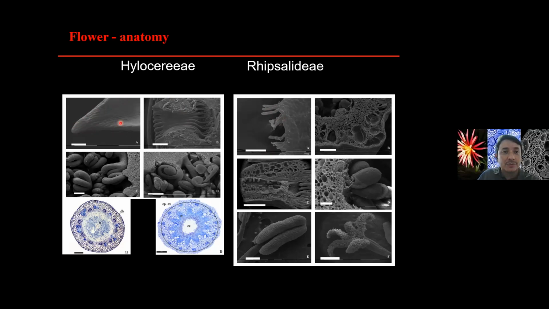Another point of difference in the structure of the flower is in the style. The style in Epiphyllum phyllanthus, for instance, the transmitting tissue is solid inside, but in Selenicereus undatus, it has a space inside the style and with an epidermis.